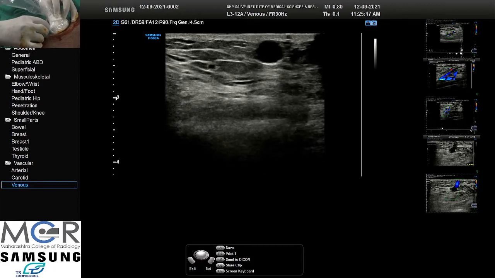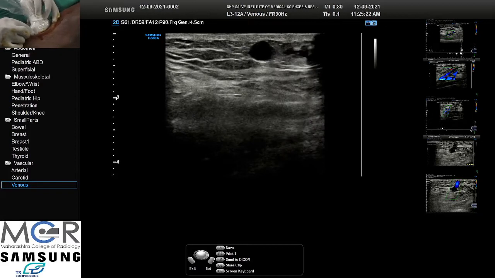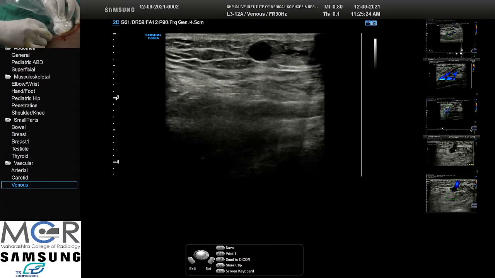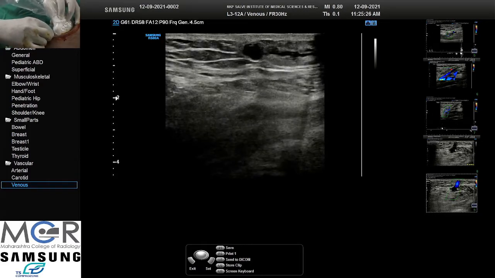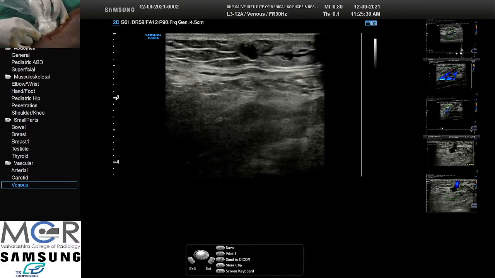So I'll be taking a puncture here. You can see the echogenic needle coming in.